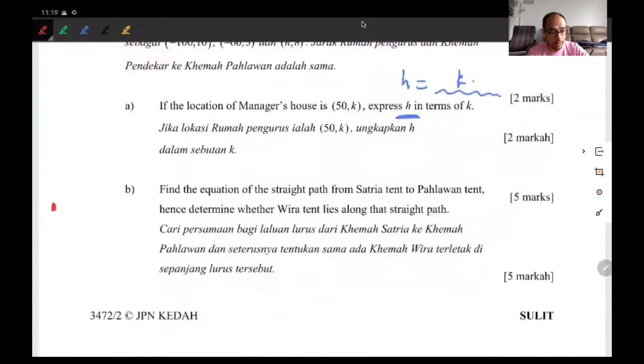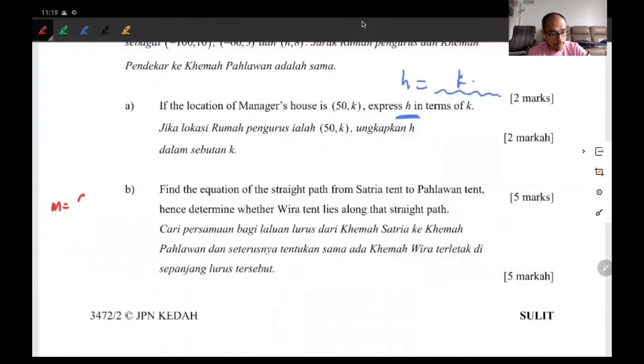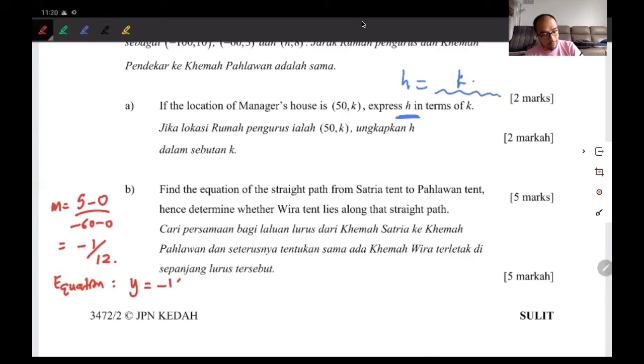Gradient equals to 5 minus 0 over negative 60 minus 0, which is negative 1 over 12. So the equation is y equals to negative 1 over 12 x plus 0, because the C is 0. So we don't have to worry about it.